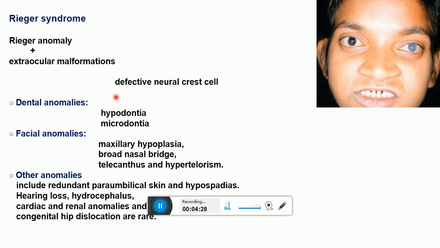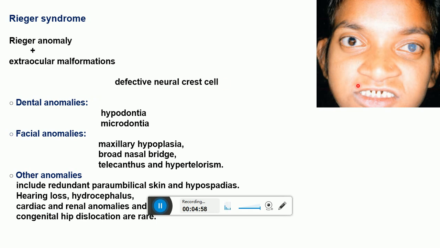Rieger syndrome is characterized by Rieger anomaly plus extraocular malformations. As with the ocular features, they are caused by defective neural crest cell-related tissue development. There are dental anomalies: hypodontia, which means few teeth, and microdontia, which means small teeth.